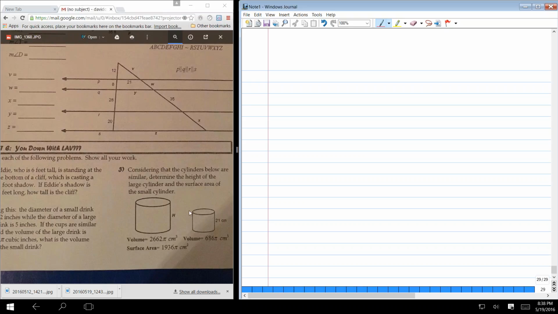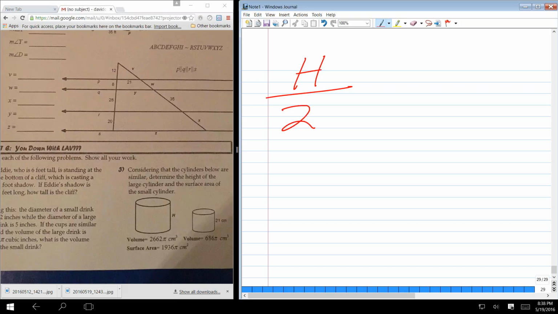So what's the linear ratio? It would be 21 to 8, or h over 21. Big to little. H over 21. That's the linear ratio.